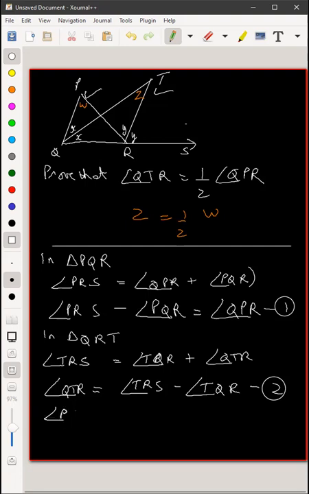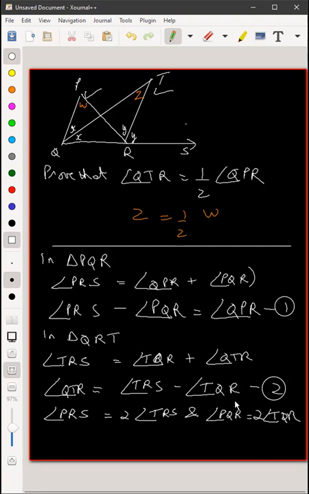Now look at this. Angle PRS is twice of angle TRS because we're given that they are the angle bisectors. And also we know that angle PQR would be twice of angle TQR, right?